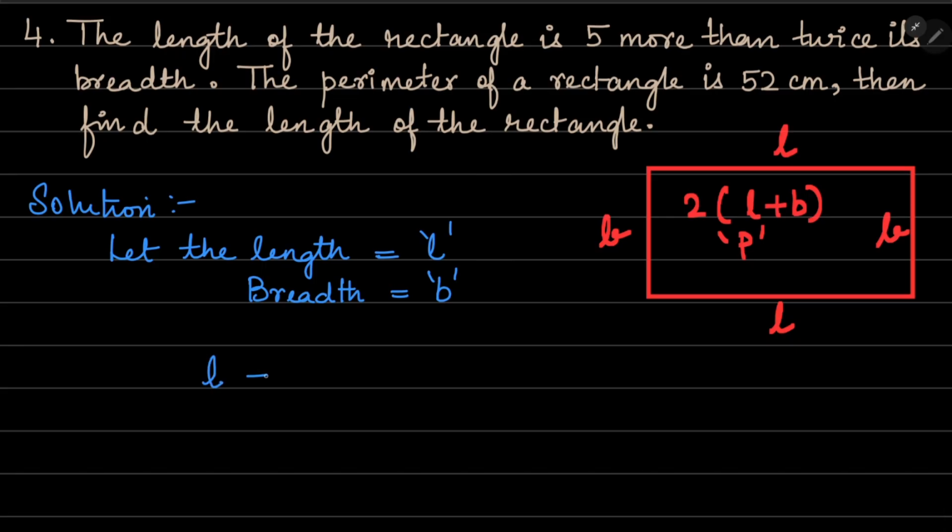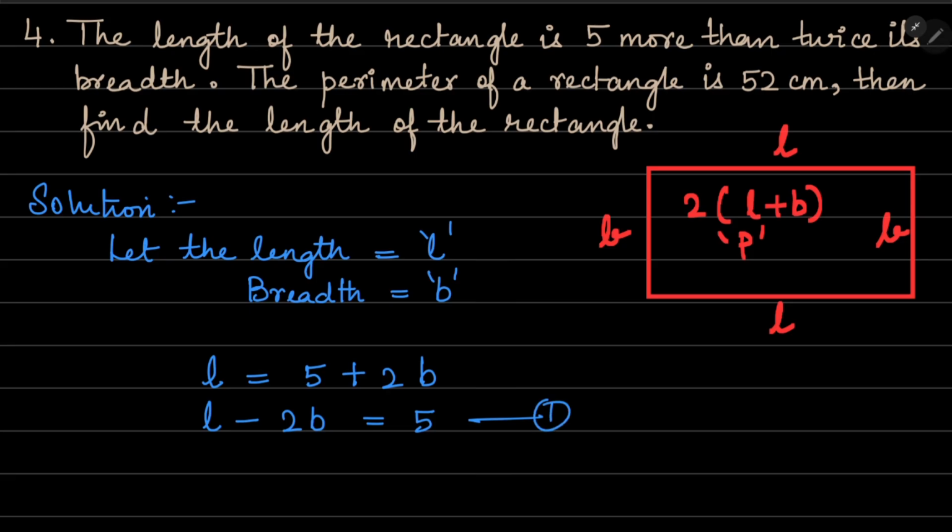Length L is 5 more than twice the breadth, 2 times b. So this is your first. So I can write L minus 2b equal to 5. This is your first equation.